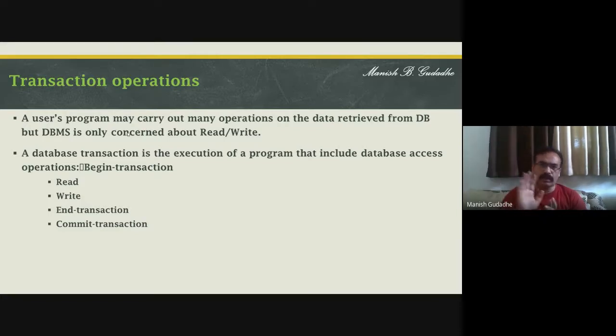That is not a read operation, nor a write operation. Okay. So the database has nothing to do with those operations. What arithmetic operations you are performing on the data which is read, the DBMS is least bothered about that. So for the DBMS, from begin to end transaction, how many read operations are there and how many write operations are there, that is the only matter of consideration.